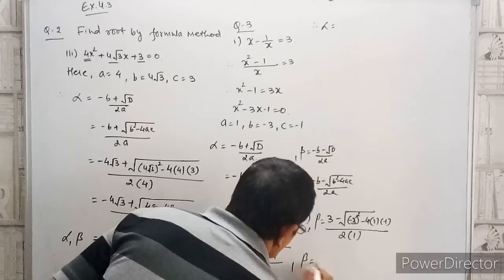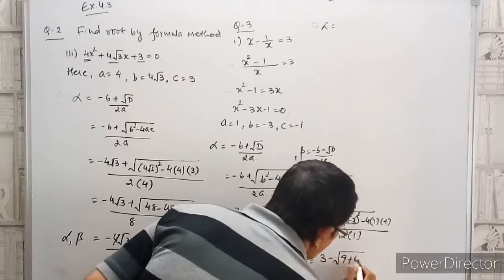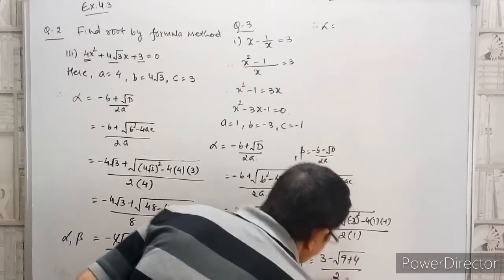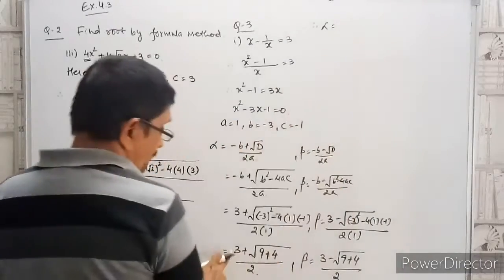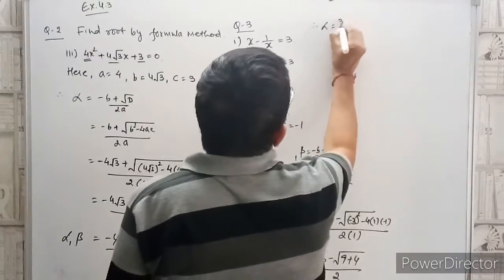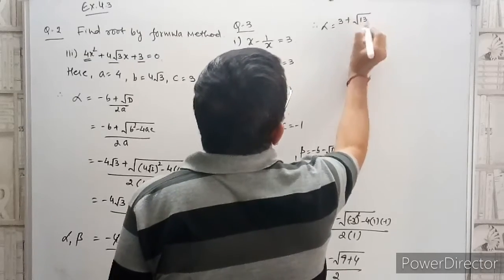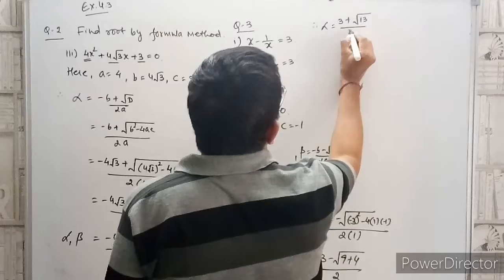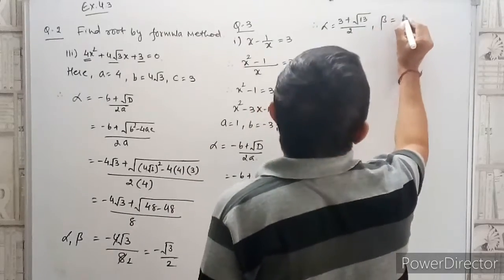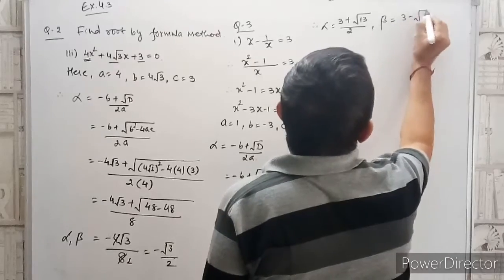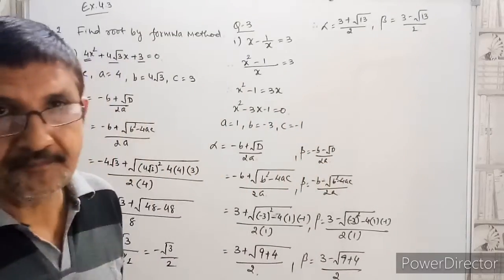So beta is equal to 3 minus, okay. So here alpha it is 3 plus root 9 plus 4, 13 upon 2, and beta is equal to 3 minus root 13 upon 2. These are our two roots. Okay.